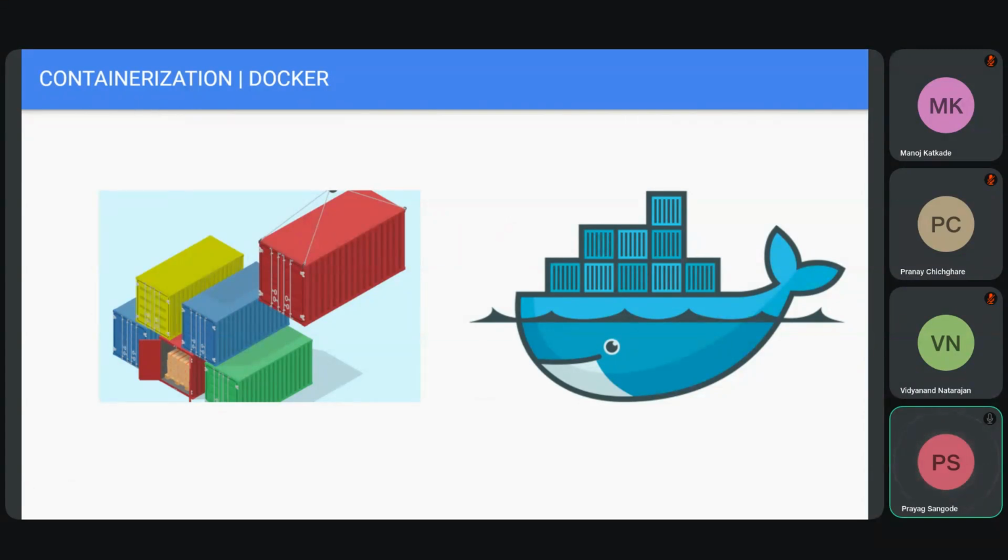Whatever we have at one place inside the container, if we put that container at some other place, the contents inside the container will remain the same. The same approach is used in Docker as well. How, we'll see next.